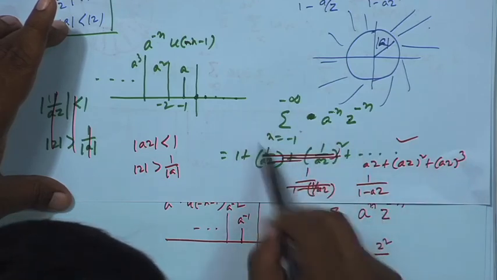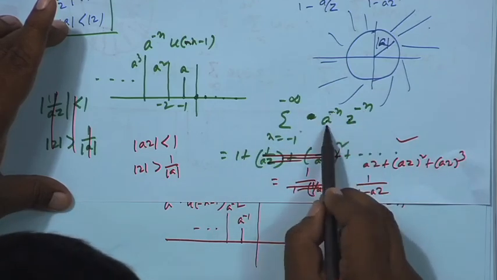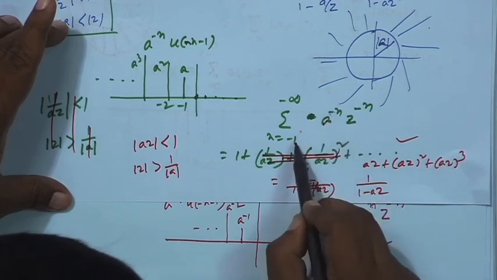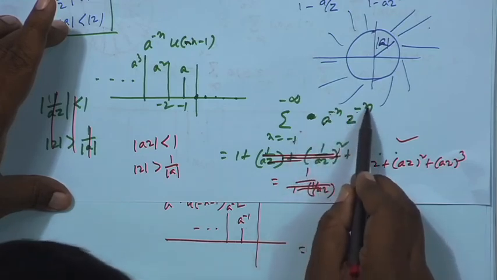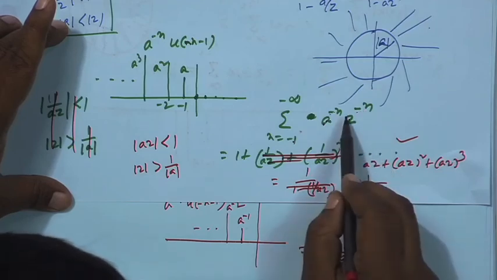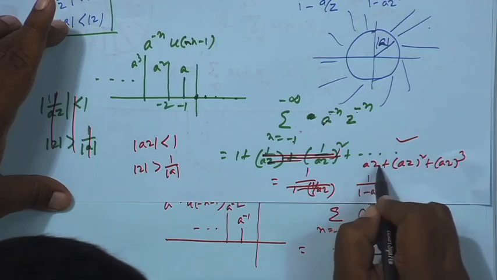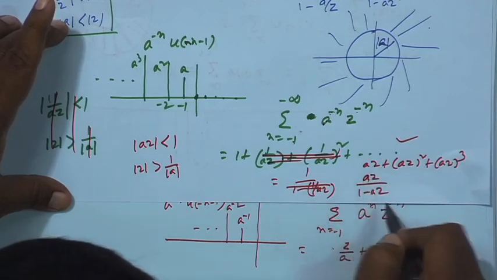I am sorry, this was because n is taking negative value. So, a to the power minus minus 1, so a to the power 1, n is minus 1, z to the power minus minus 1. So, a z plus a z square, a z cube and so on. So, you take a z common.